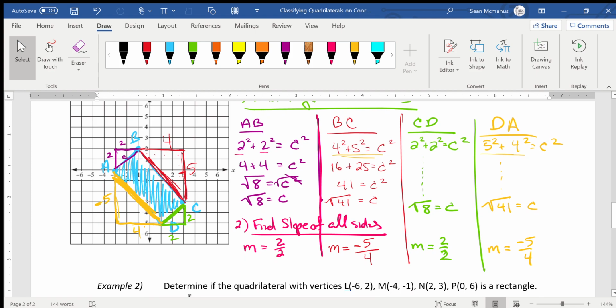So remember the question was asking me, is this a rectangle? So I can see that for the 2 short sides, AB and CD, the slopes are exactly the same. So that means I have one pair of parallel sides.